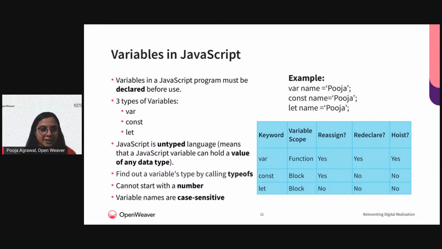What is the scope that I'm talking about? Scope basically defines up till where your variable is accessible, or within which region your variable exists, and after a certain function or a certain block, the variable cannot be accessed. So that is what will define whether you would want to use a global scope or a local scope.